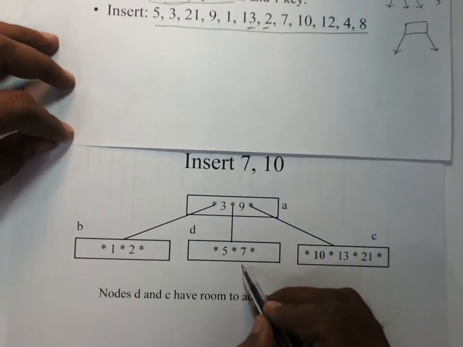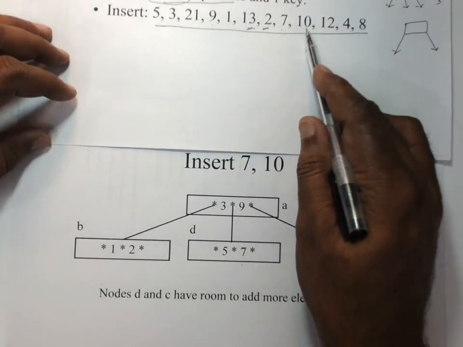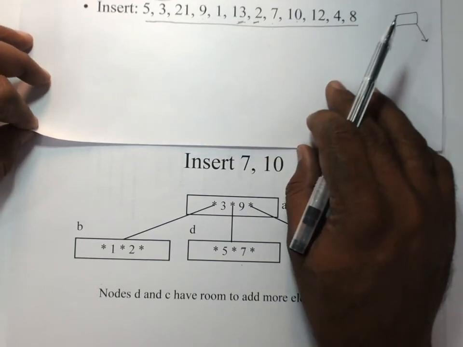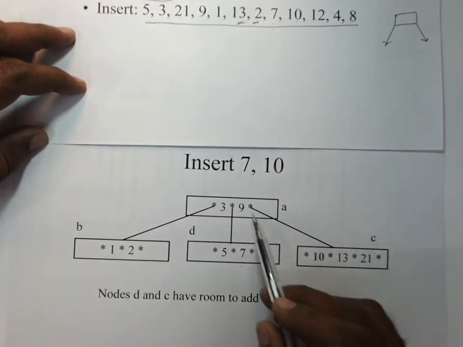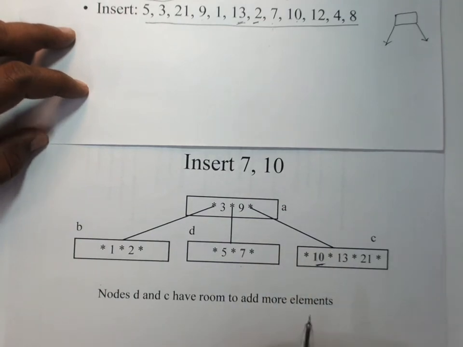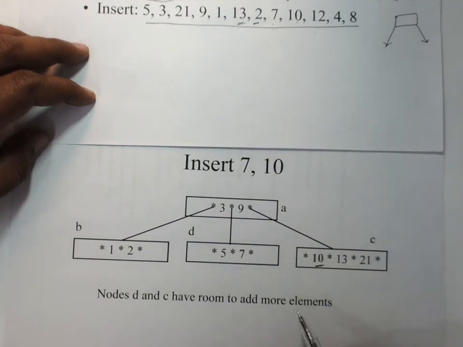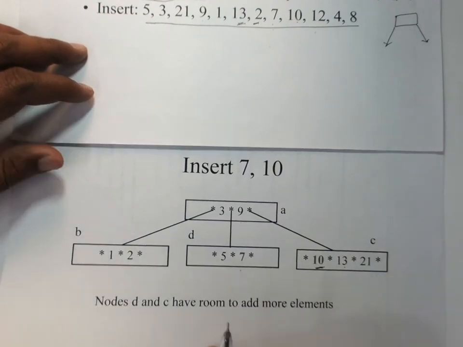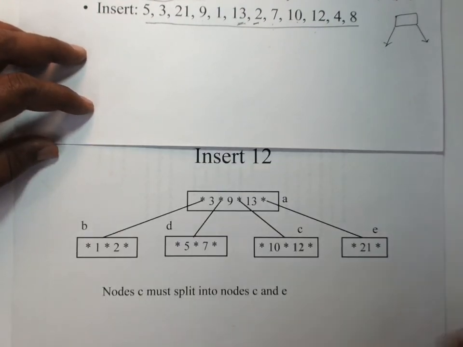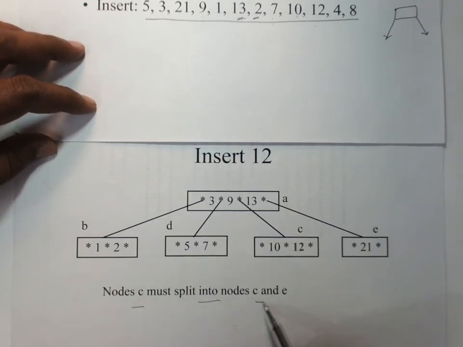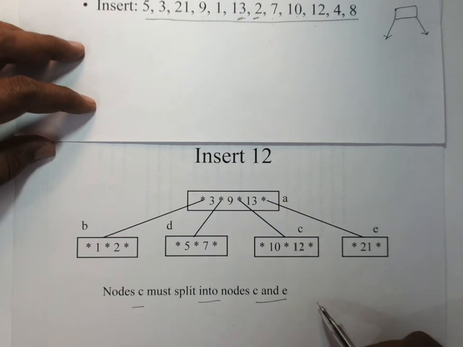Okay, after 7, the next element is 10. So 10 is simply inserted: first compare, then find the actual position. Clear? The next element is 12, but 12 lies between these two, so the node is split, and in the figure, node C must be split into C and E. Clear?